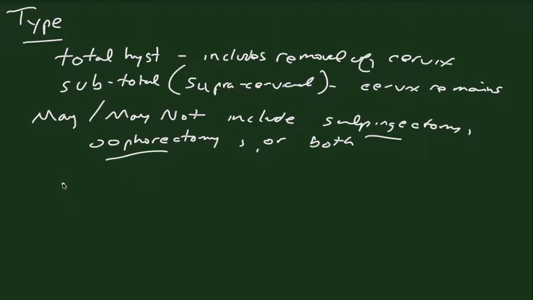And then I'm going to put in one other type of hysterectomy. We're going to talk about the radical hysterectomy. And I'm not going to speak a lot about the radical hysterectomy today, except to mention that it is the removal of the uterus as well as the parametrium, which is the vasculature and the peritoneal connections around the uterus and cervix to the lower portion of the pelvic sidewall.